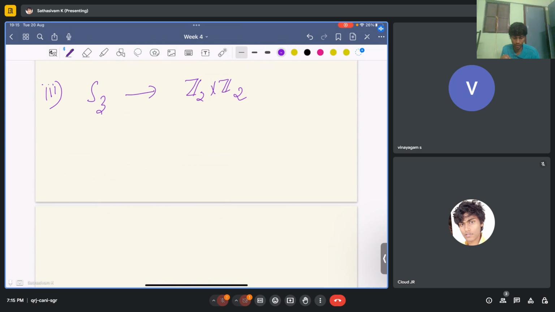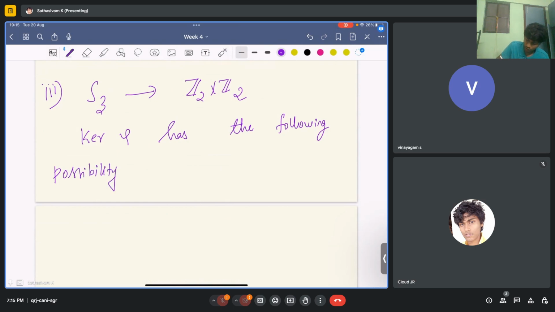So let's try to do it. Again, the kernel of phi has only 3 possibilities: one is the identity, another is S3, another is the subgroup generated by (1 2 3).